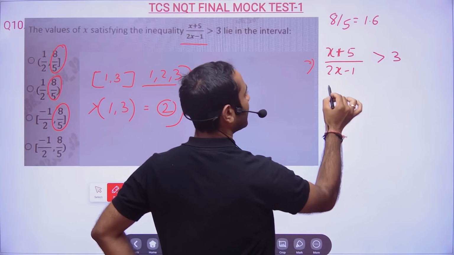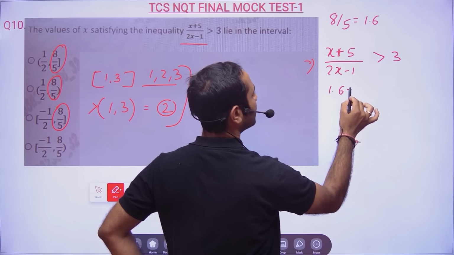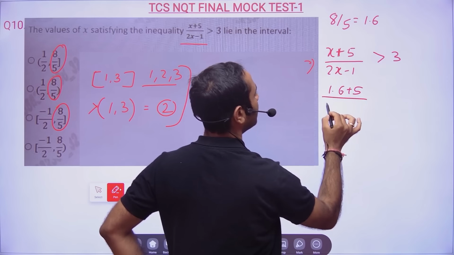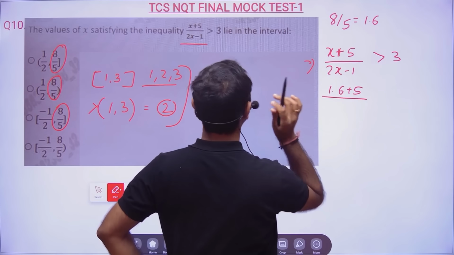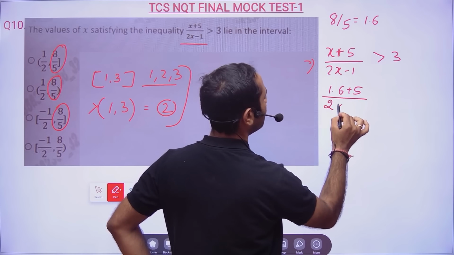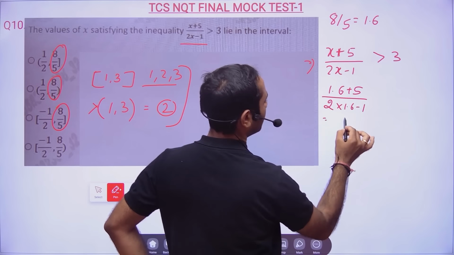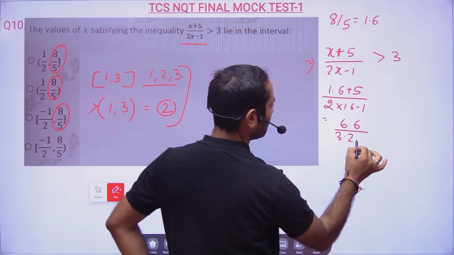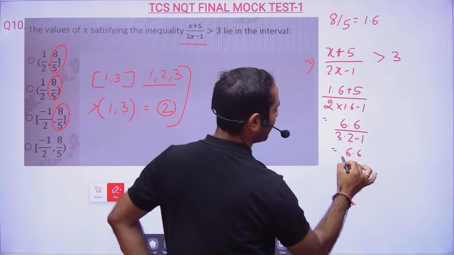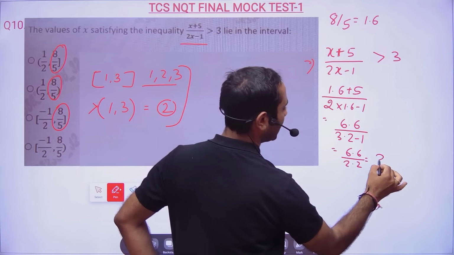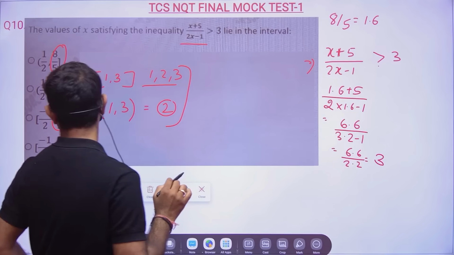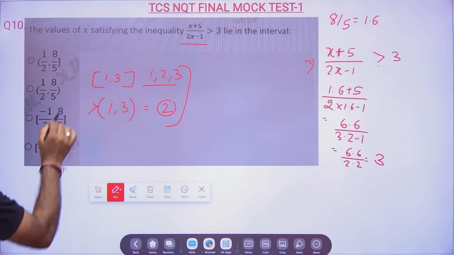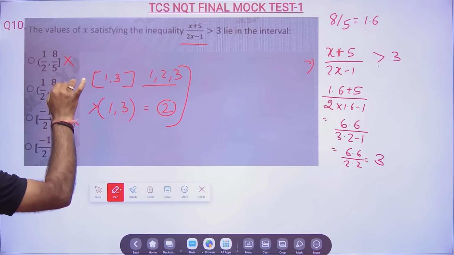So put 1.6: 1.6 plus 5 divided by 2 into 1.6 minus 1. So it will be 6.6 divided by 3.2 minus 1, so 6.6 divided by 2.2. So it is 3. It is not greater than 3. So it is very clear that the inclusive one will not be my answer. Out of these two, one will be my answer.